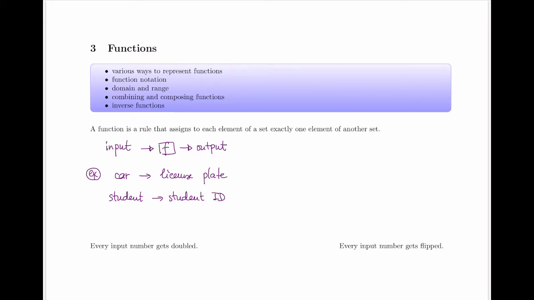Another way to picture it a little more abstractly is there are a bunch of inputs that are available for a function, and when we apply a function, let's call it f here, the function produces a bunch of outputs. The set of all possible inputs, so this blob, is called a domain.